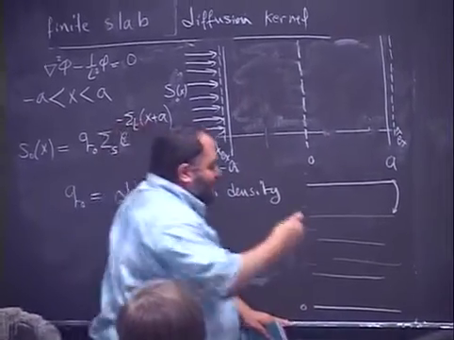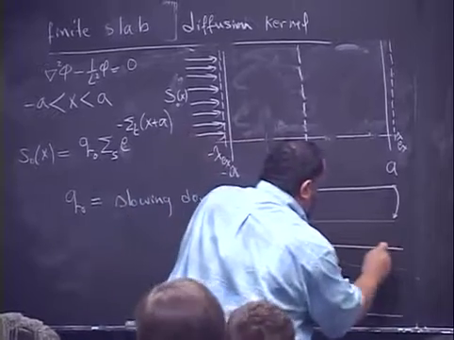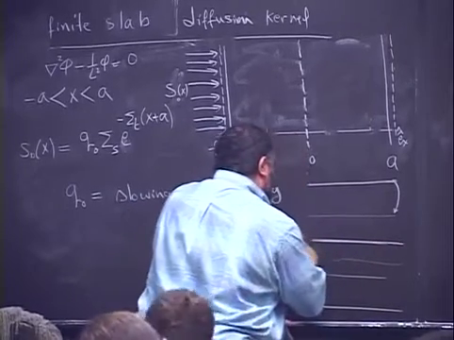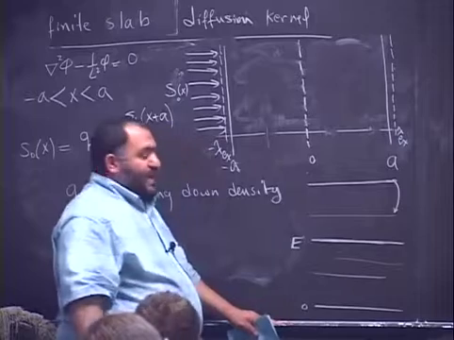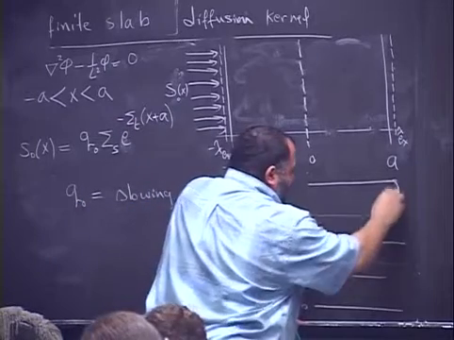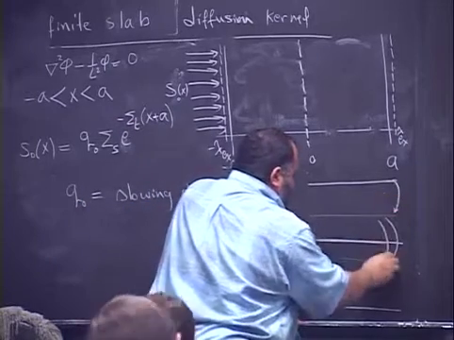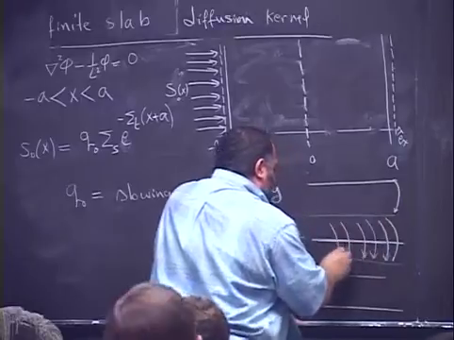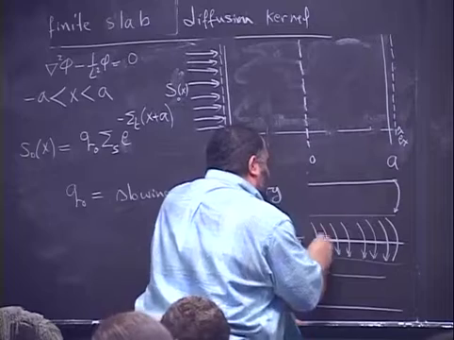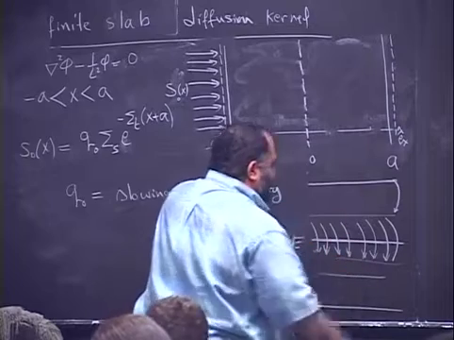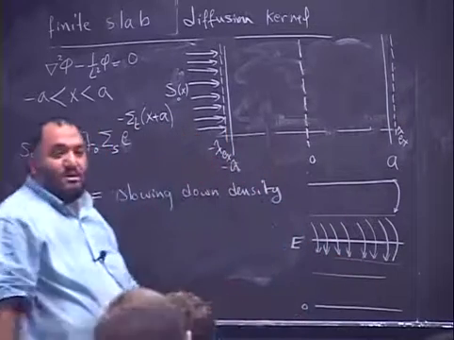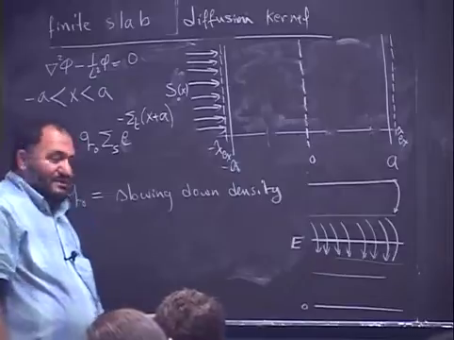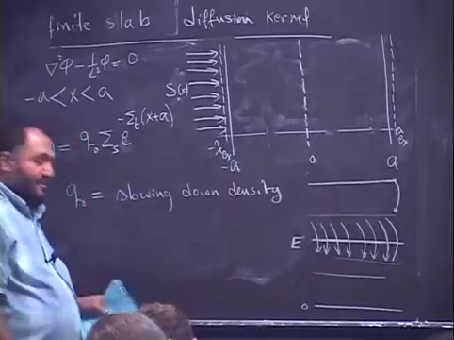So if you pick any energy here and call it E, and ask how many neutrons are slowing down below this energy E from the above energies per centimeter cube per second, this is the slowing down density.